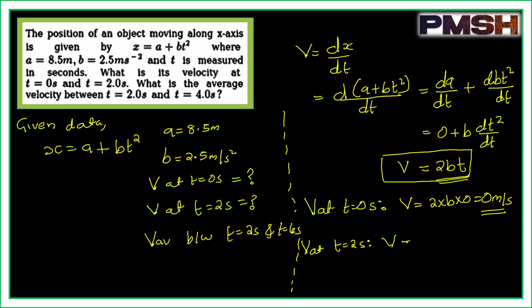So that is v is equal to 2 into b. What is the value of b? B value is 2.5, right? So just put 2 into 2.5 into, what about the time? Time is 2 seconds. So just put 2. So the answer is going to be 2 into 2.5, 5. 5 times 2 is 10. So it is 10 meter per second. Clear?